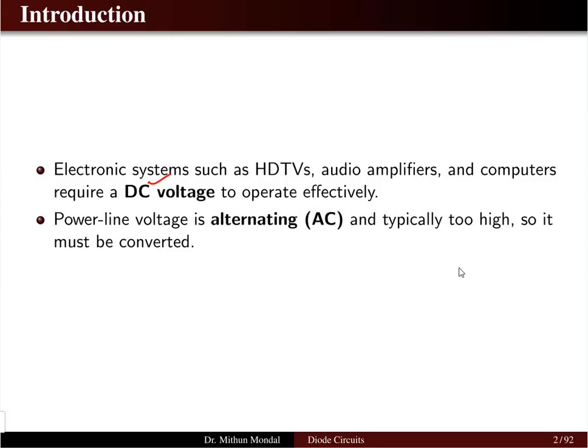Generally, electronic systems, such as high definition TVs, audio amplifiers, and computers, require a DC voltage to operate efficiently. Since the requirement is a DC voltage, but the power line voltage is alternating, we have a single phase AC supply at our household.